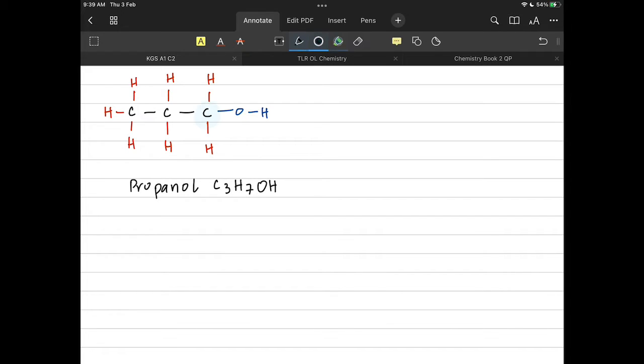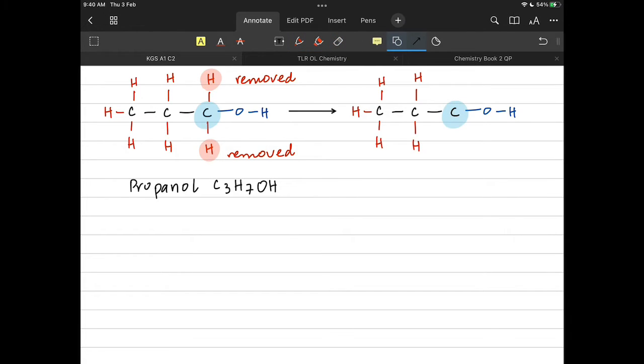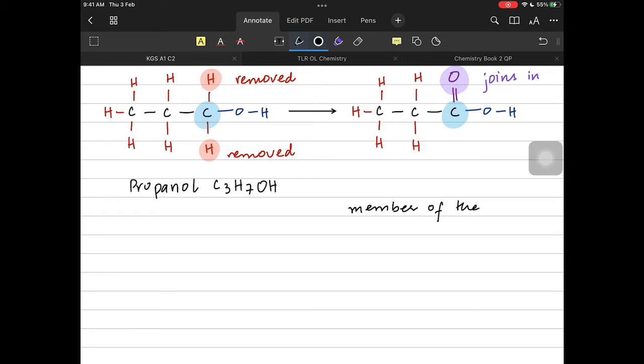Similarly, if we have a propanol over here, we again focus on the carbon which has the OH. We remove the hydrogen atoms from that particular carbon, and then we attach an oxygen atom with a double bond. It's a member of a new homologous series, which is the carboxylic acid homologous series.